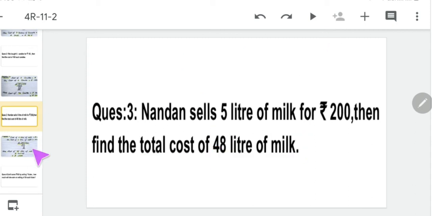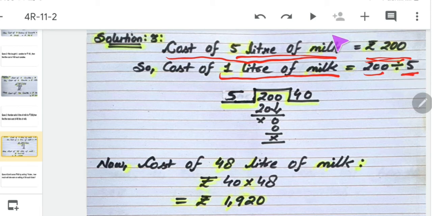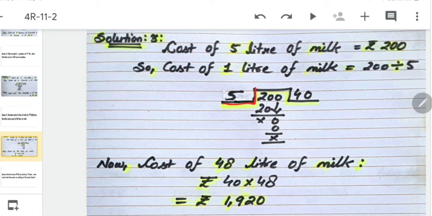Okay, let's see how we have to do it. So the cost of 5 liters of milk is 200. So the cost of 1 liter of milk will be 200 divided by 5. Let's see the division. You can see here, we all know that 5 multiplying with 4 is 20.